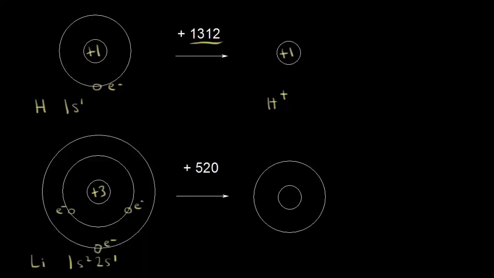So for lithium, if we were to take an electron away, the one that's most likely to leave would be this outermost electron here, the one in the 2s orbital. So if you apply 520 kilojoules per mole of energy, you can pull away that electron. And so if you did that, you'd be left with a +3 charge in the nucleus. And you would still have your electrons in the 1s orbital. So I'm going to go ahead and draw those in there.